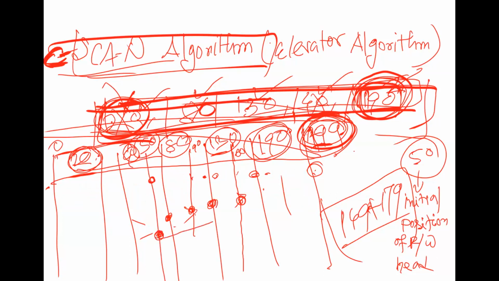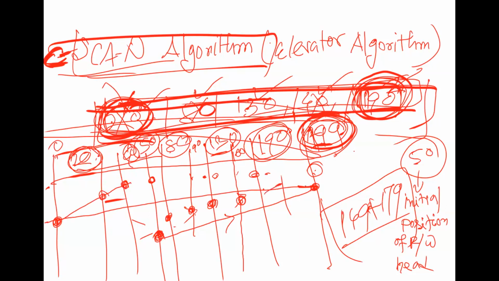It will read all of this data, and then when it goes back, it won't read any data. When it moves back in this direction, it won't read any data. But when it reaches cylinder number 0 and comes back, this time it will fulfill these two requests, 40 and 50.